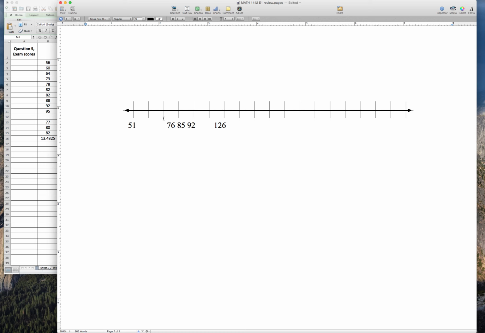So every other one is 10. So this is 60, 70, 80, 90, 100, 110, 125. So that takes up almost the entire range. And so that seems like a good use of my number line. Each one of these stands for 5.